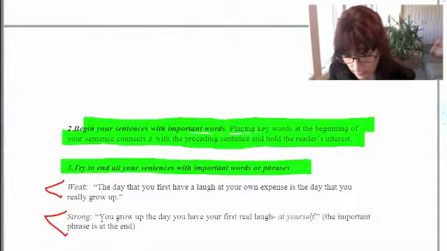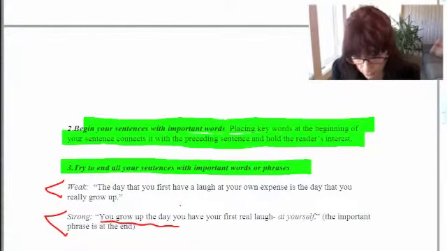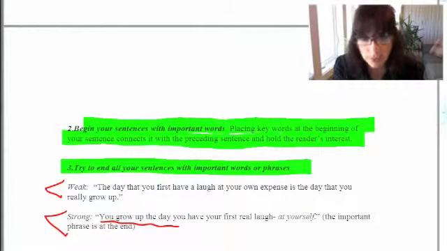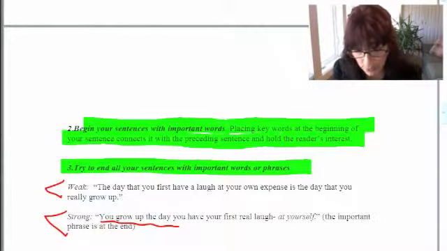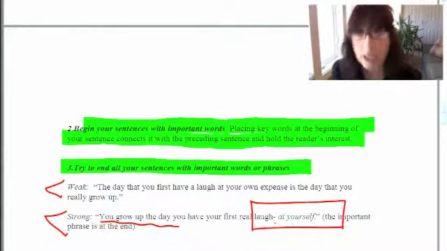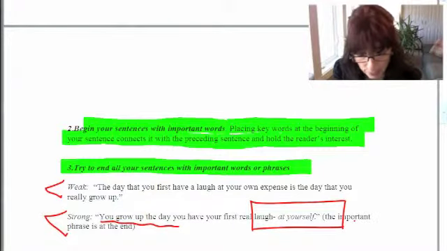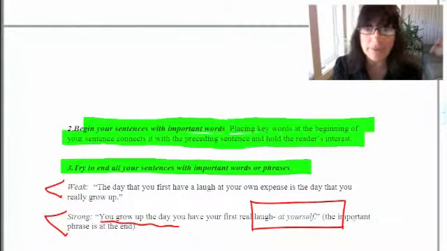So you're starting importantly by saying you grow up, as opposed to the day that you have a first laugh. You're starting with you grow up because that's what you want to emphasize. The day you have your first real laugh at yourself. Now the important phrase is at the end, and you see how you can use the dash for emphasis at yourself. So this is including the most important phrase at the end, so you really keep the reader thinking.